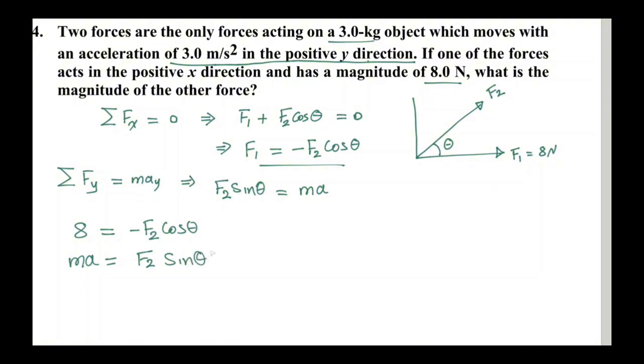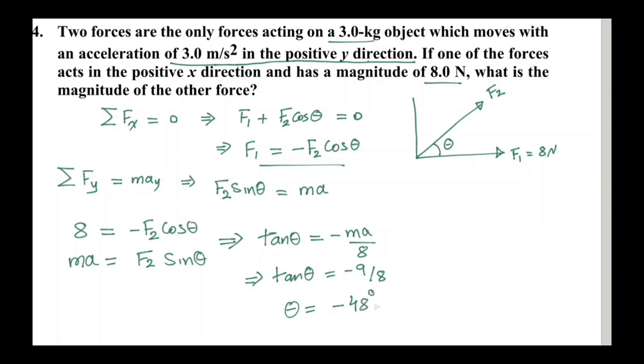If we divide these two equations, you will get tan theta equals minus ma over 8, and in this case here, tan theta equals minus 9 over 8, and theta will be equal to minus 48 degrees.